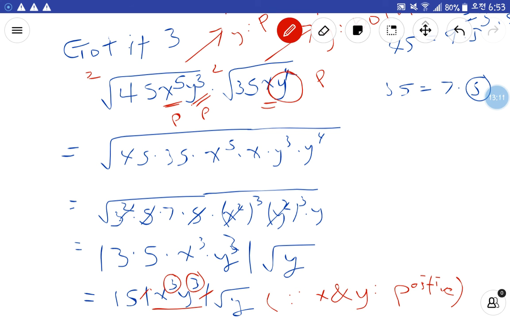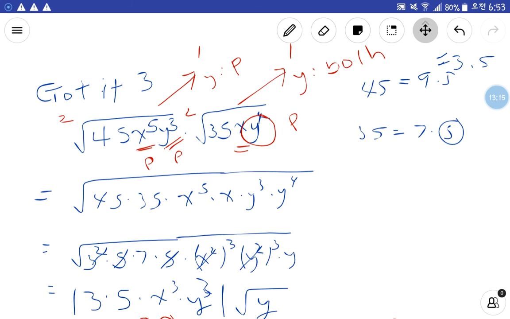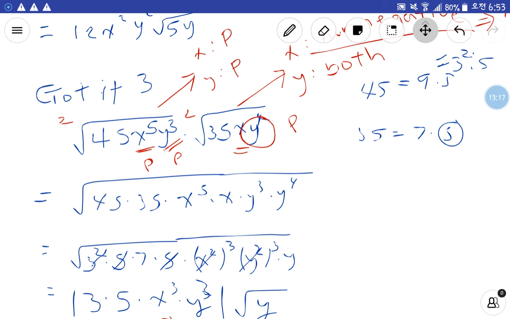So 35xy to the fourth power, since y has an even exponent, any case would work. If you have a positive or a negative, yours is always positive coming out. So to define 35xy to the fourth power, your x needs to be positive.